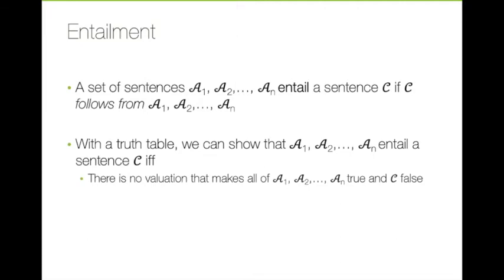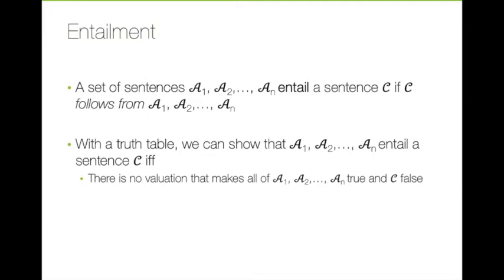With a truth table, we can show that A1, A2 to AN entail some sentence C if and only if there is no valuation that makes all of A1 through AN true and C false.